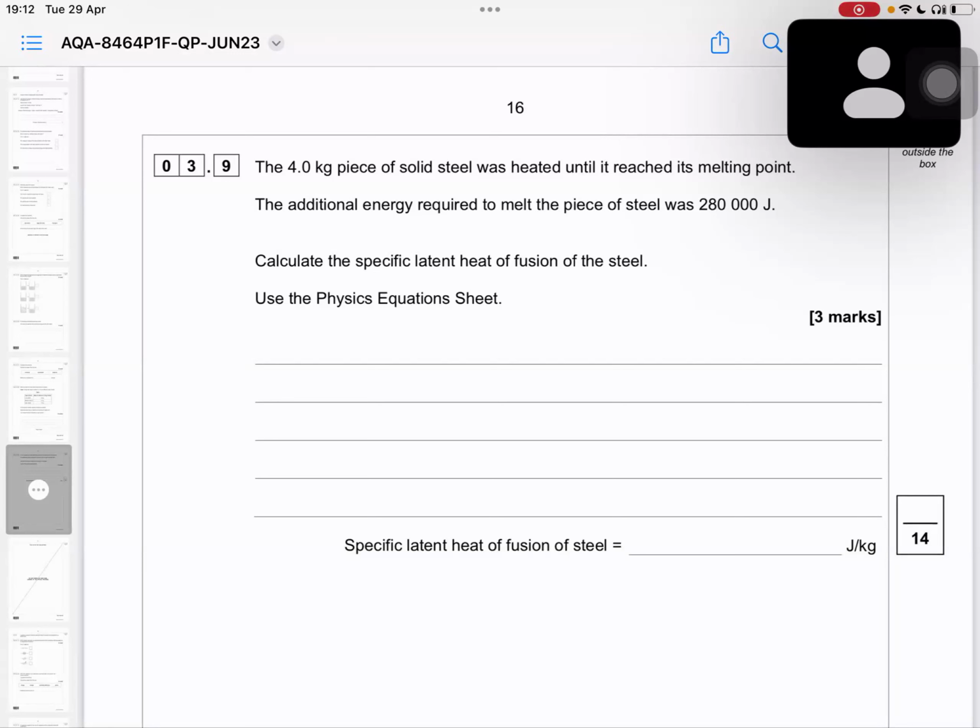So that's going to leave me with L being equal to Q divided by M. Okay, so I think Q is 280,000. Sorry, L will be equal to 280,000 divided by 4.